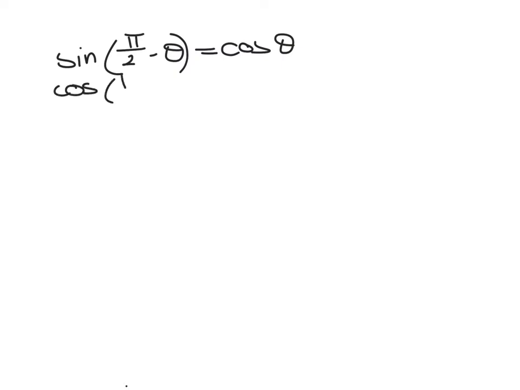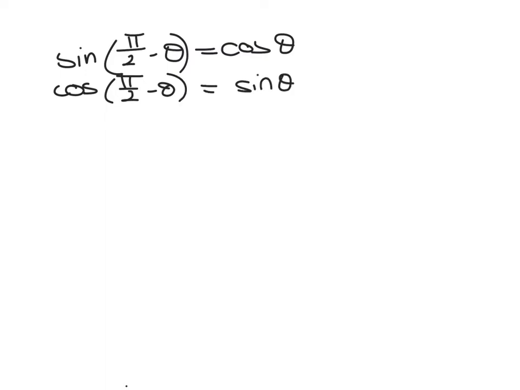So if we've got these identities which we've talked about, that sine of pi on 2 take theta is actually equal to cos theta, and that cos of pi on 2 take theta is equal to sine theta.